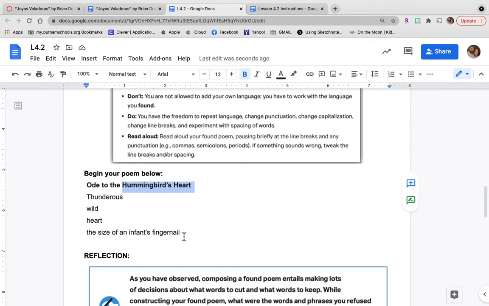So you can have as little or as much, but it needs to make sense to a point. When you read this and look at it as a poem, but you read it how it should be read, thunderous, wild heart, the size of an infant's fingernail, you understand what's being said.